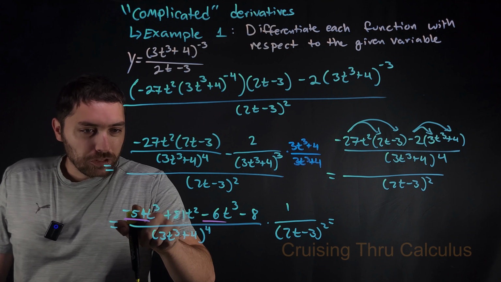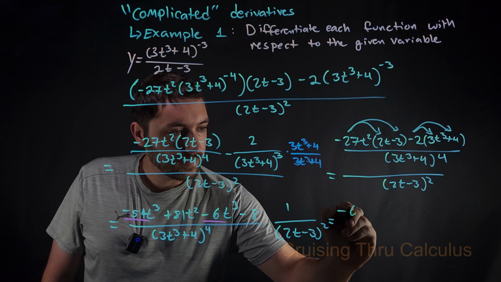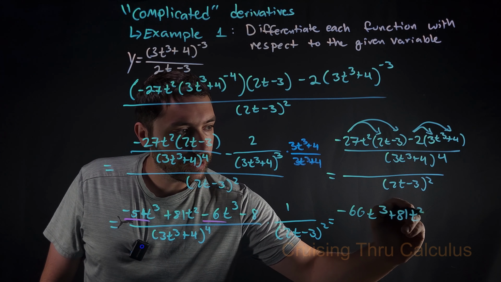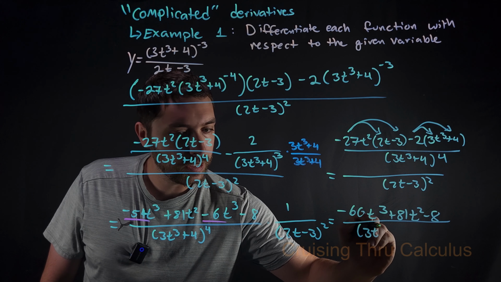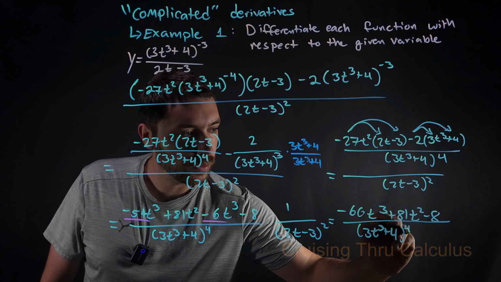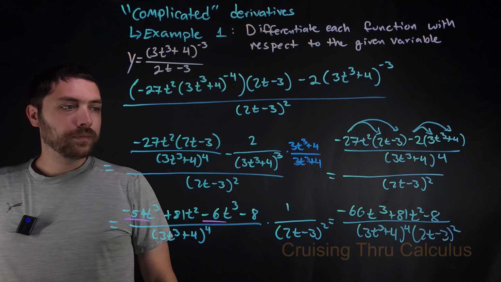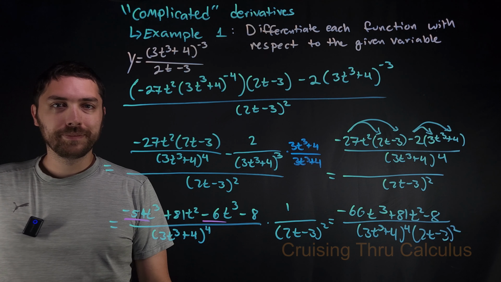So we have negative 54 minus 6. That'll be negative 60t cubed plus 81t squared minus 8, all over 3t cubed plus 4 to the fourth, and then 2t minus 3 squared, like that. And that is our answer to this problem.